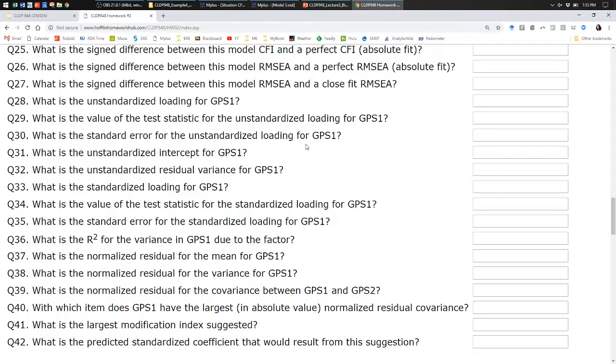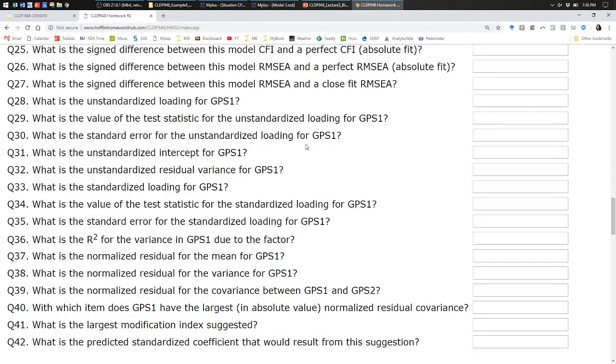It's absolute in the sense that it's relative to an answer key covariance matrix, whereas relative fit would mean just one model is better than the other, but we don't know in an absolute sense how good they are.